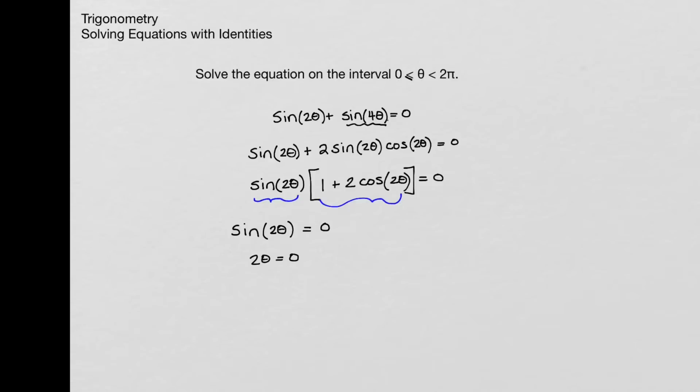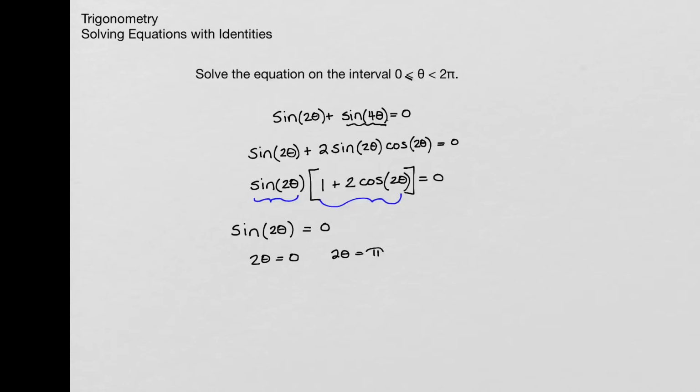So maybe 2 theta is 0, and then you take the sine of 2 theta and you get 0. Now, what else will work? The next time that the sine of an angle is equal to 0 is when we go to pi. So 2 theta might equal pi.